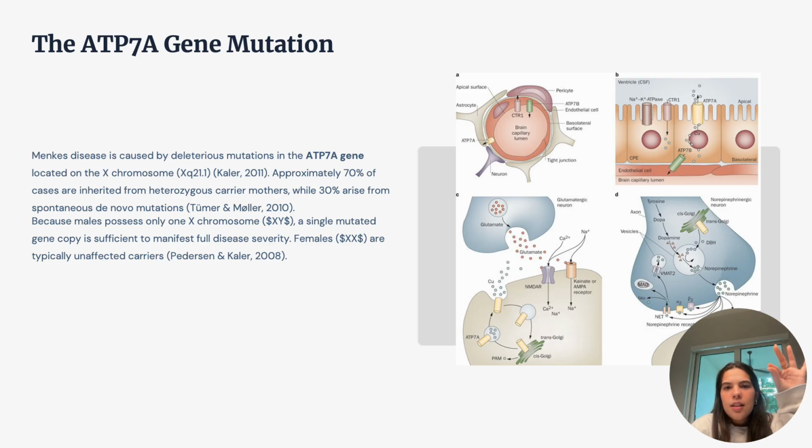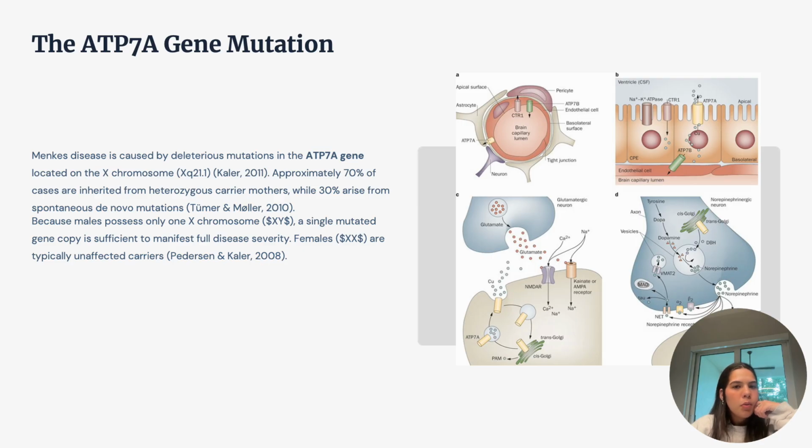Menkes disease is caused by deleterious mutations in the ATP7A gene located on the long arm of the X chromosome at position Xq21.1. Approximately 70% of cases are inherited from heterozygous carrier mothers, while 30% arise from spontaneous de novo mutations.